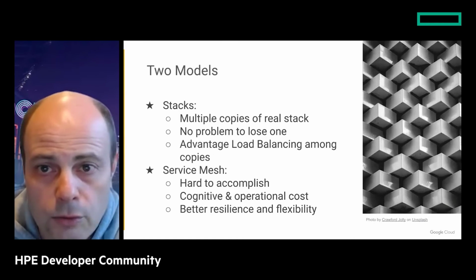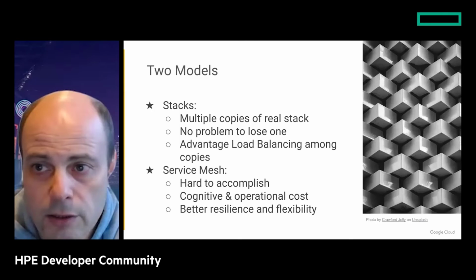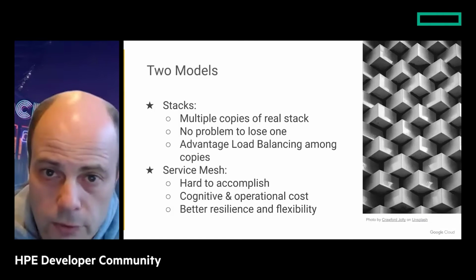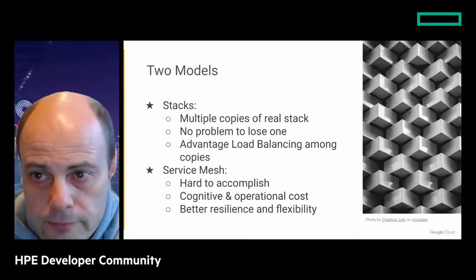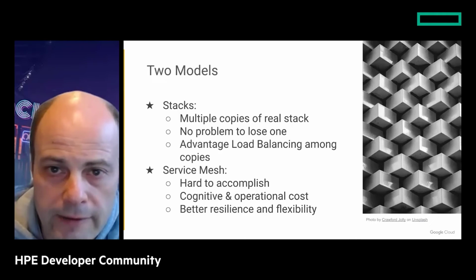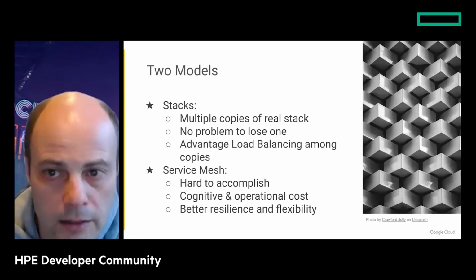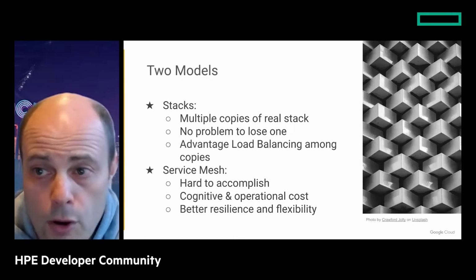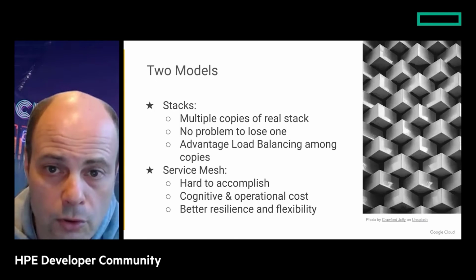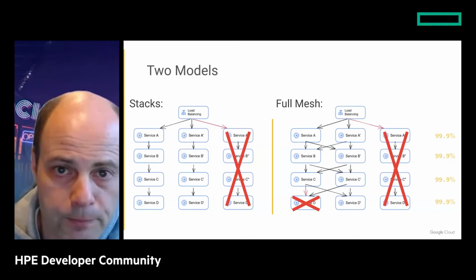So here are two models that you can use. The first is stacks. It uses traditional stacks of software and infra. The second is full mesh. As the name implies, it heavily utilizes redundancy and parallelism in all its components. However, it is a lot harder to accomplish, but gives you lots of functionality and ways to do things like draining and spilling.